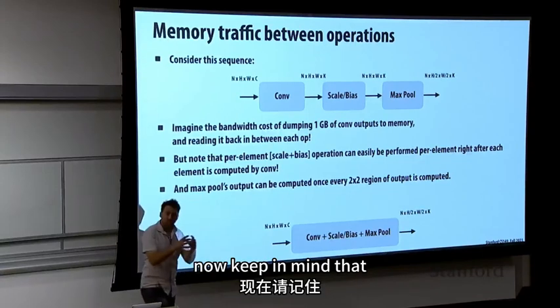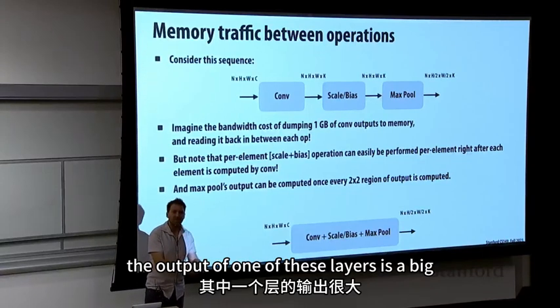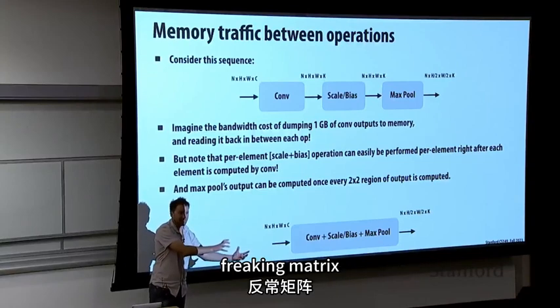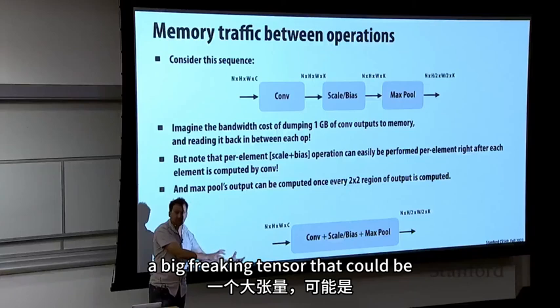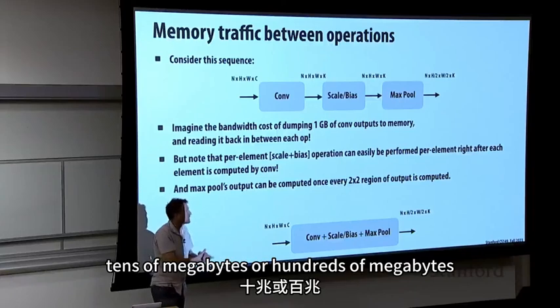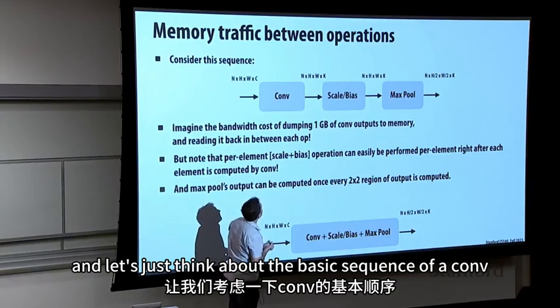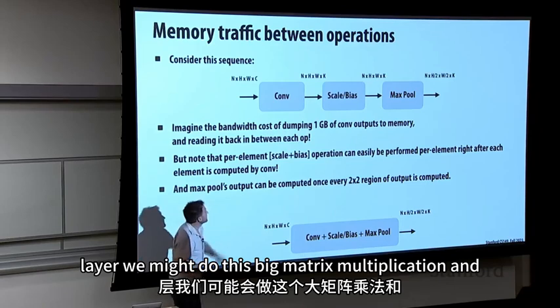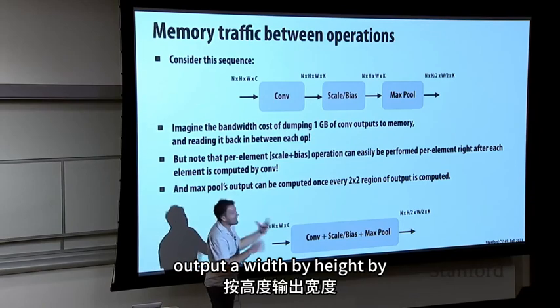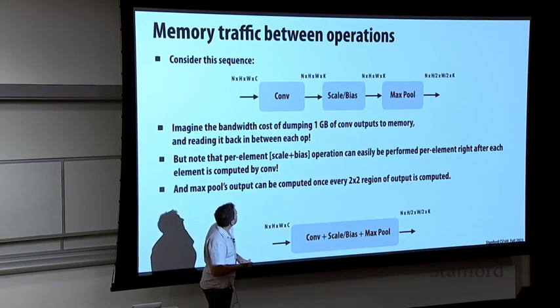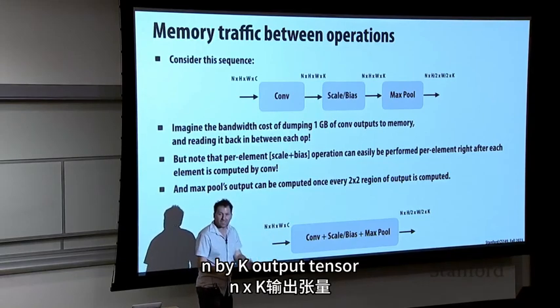Now keep in mind that I just told you that the output of one of these layers is a big freaking matrix, a big freaking tensor that could be tens of megabytes or hundreds of megabytes. And let's just think about the basic sequence of a conv layer. We might do this big matrix multiplication and output a width by height by n by k output tensor.